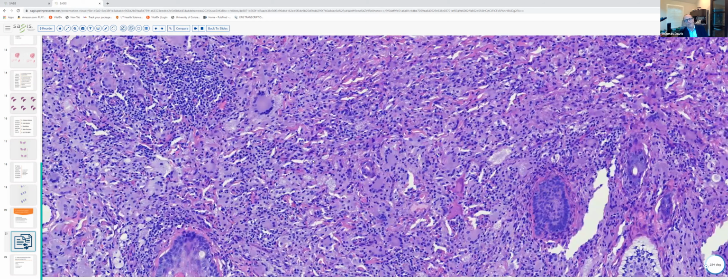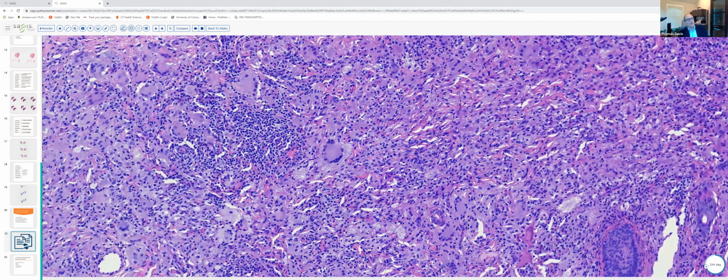One, we've got a lot of just beautiful Touton giant cells here with the kind of pink center, the wreath of nuclei, and then lipid out at the periphery. And these are readily present throughout the infiltrate.